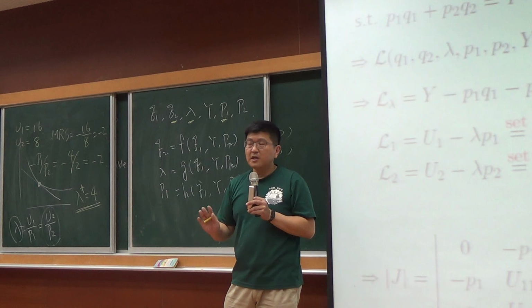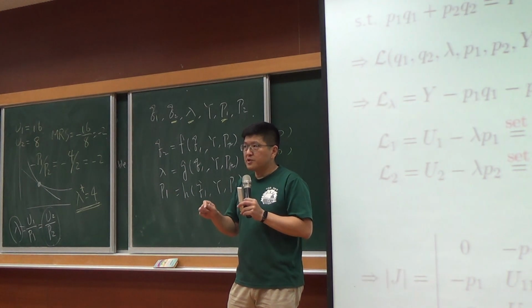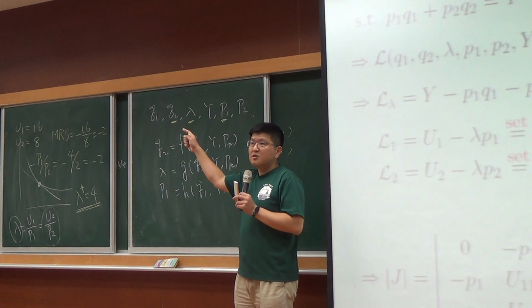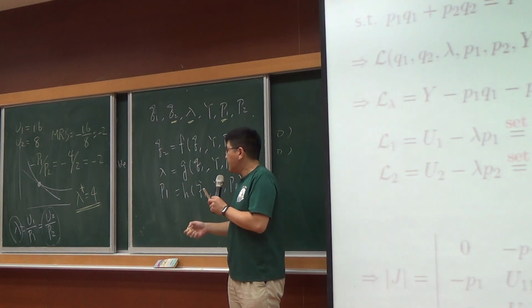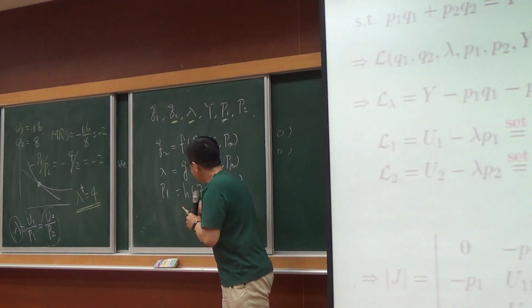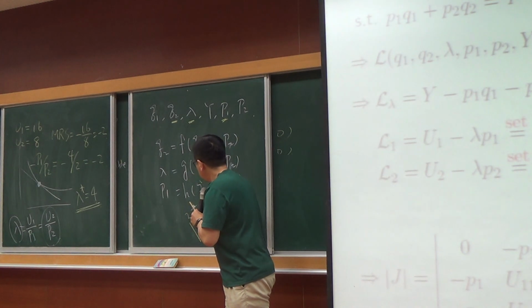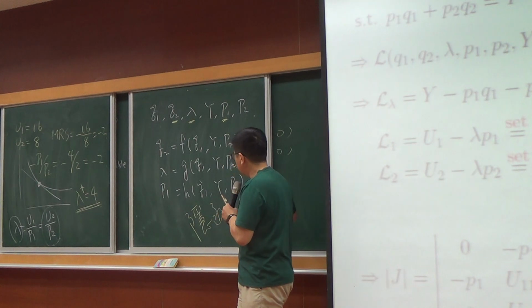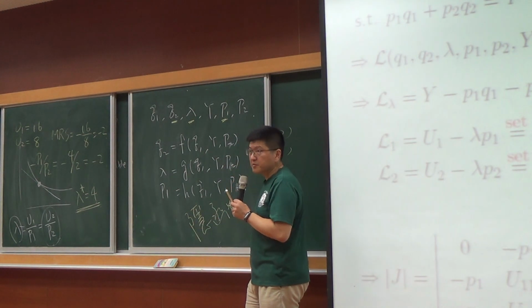Whatever you want, you just choose 3 variables among these 6 to be implicit functions, 隐函数, of the other 3 variables.